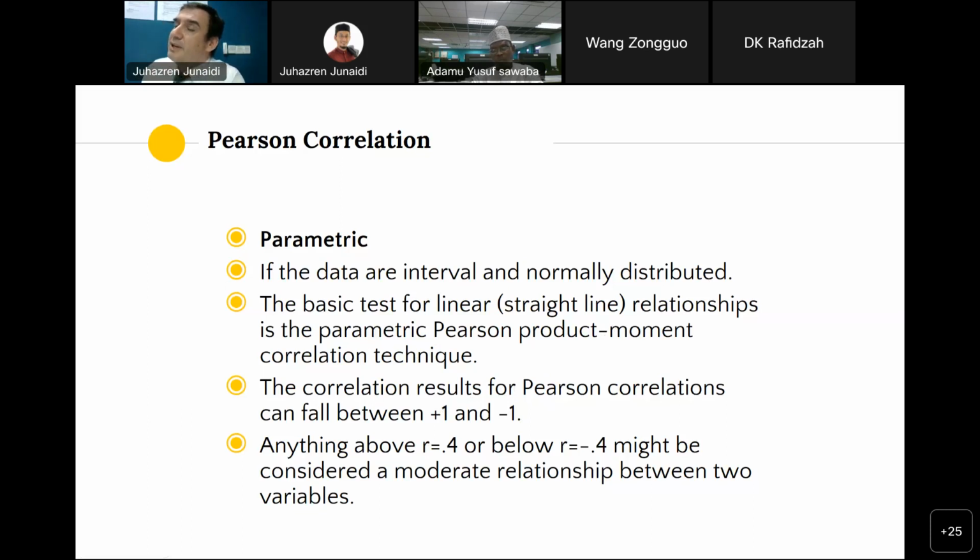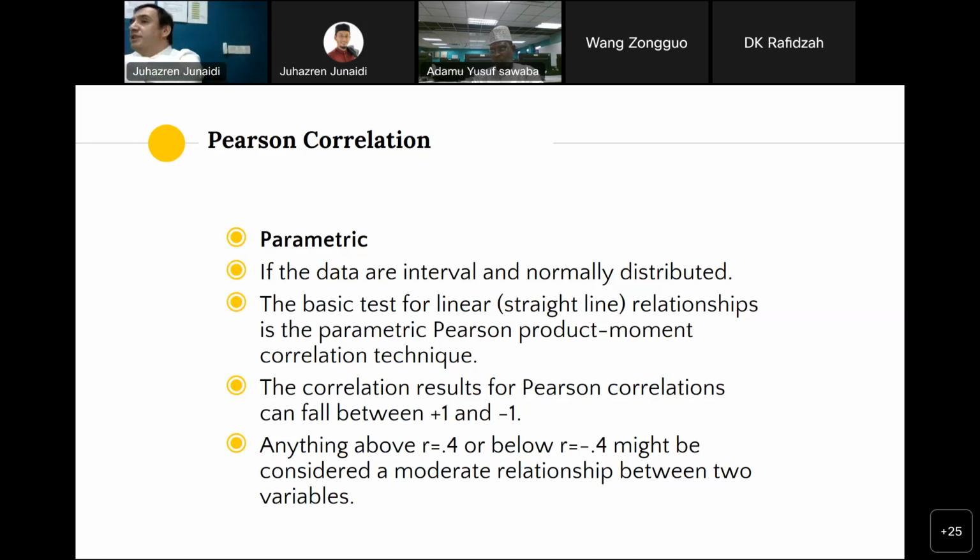If it's +1, it means the two variables are positively correlated. While one is increasing, the other one is increasing too. Can you think of an example? The time for studying and the test result.